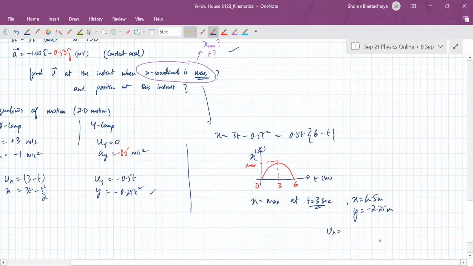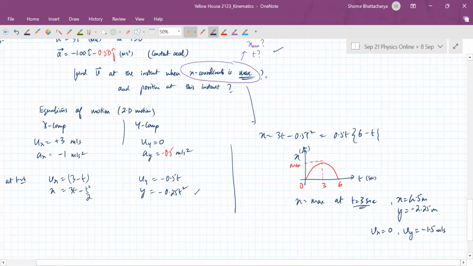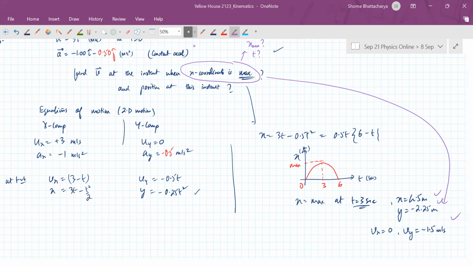The y component of velocity would have become minus 3/2. Yes, minus 3/2. Correct. So these become my answers. Okay, very good, Kirti. Your answers are correct. And also Anirudh. Okay, so hope this question is clear.